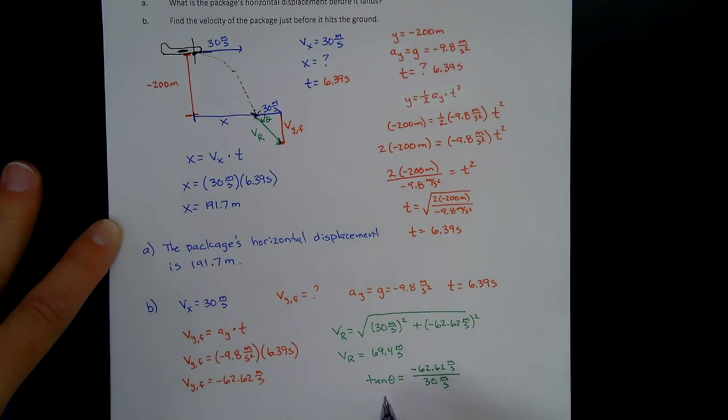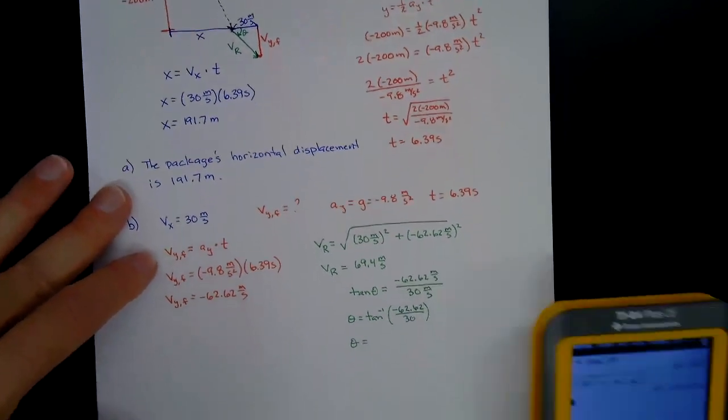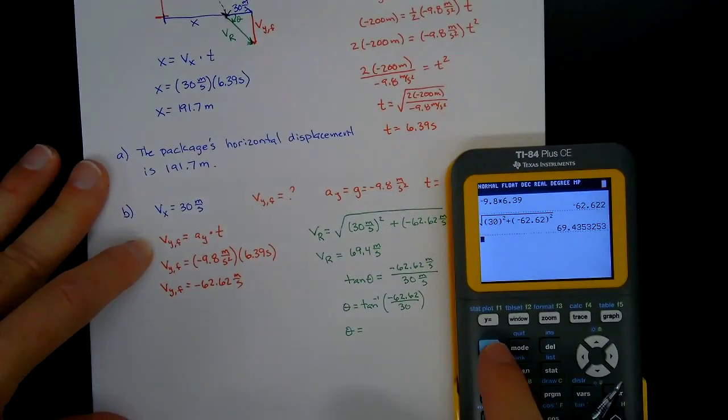So I'm going to take tan inverse of both sides, and angle theta is equal to tan inverse of negative 62.62 divided by 30. When I put that into my calculator, make sure you don't press tangent. It's actually tan inverse.